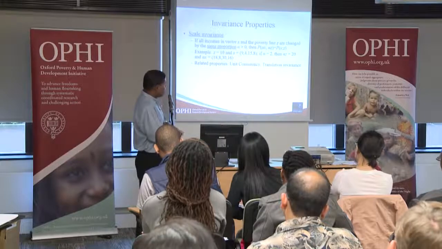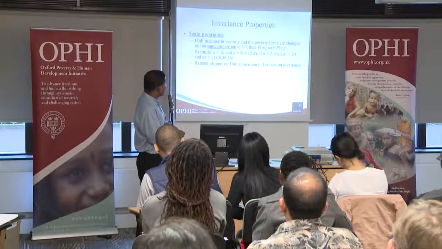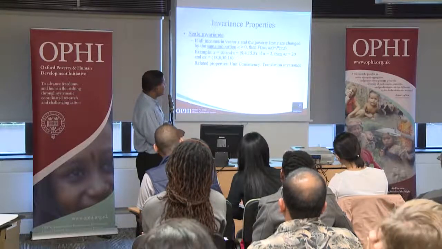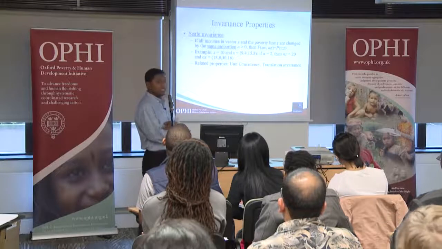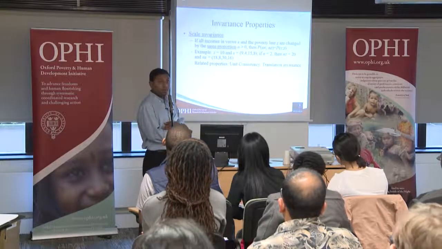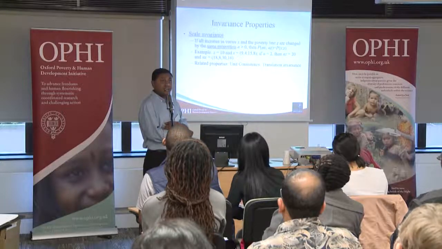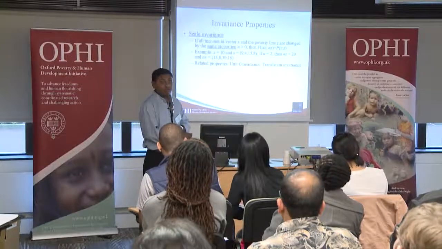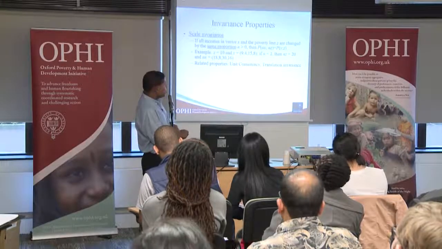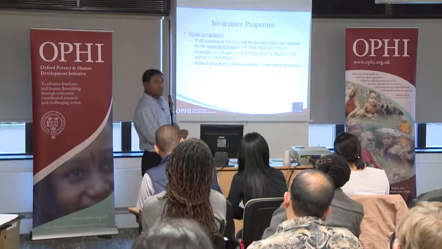And then the other one, which is in controversy with scale invariance, is translation invariance. Translation invariance says that if everybody's income is increased by the same number, not the same proportion, you add 100 pounds to everybody's income and also the poverty line, poverty should not change. These two properties cannot hold together simultaneously.